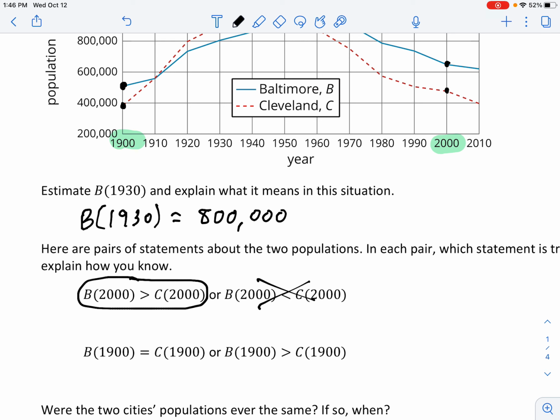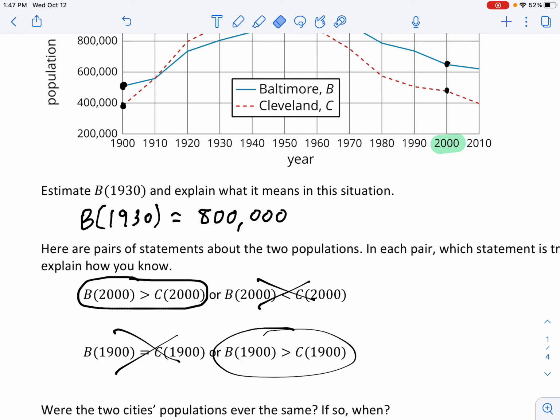If they were equal, the two lines would actually be intersecting at that point. So that one is not true. And the only thing we need to determine is whether the second one is true or not. And since Baltimore is the blue line and it's higher up on the graph, it is greater than the population of Cleveland. So this one is true as well.